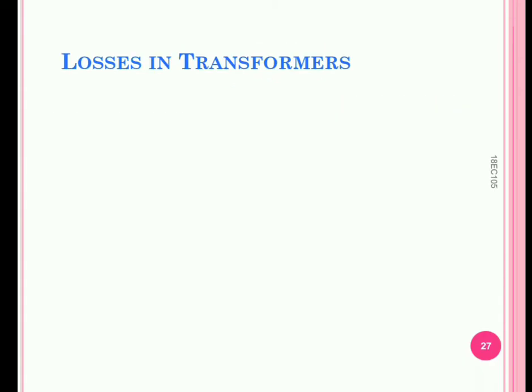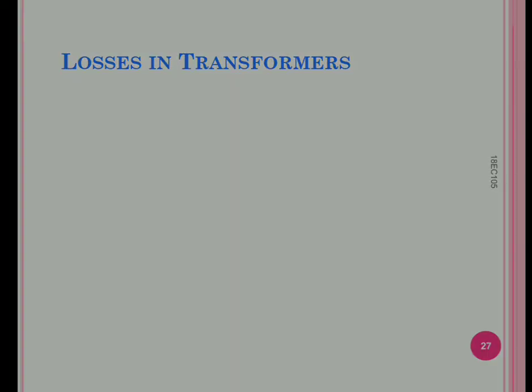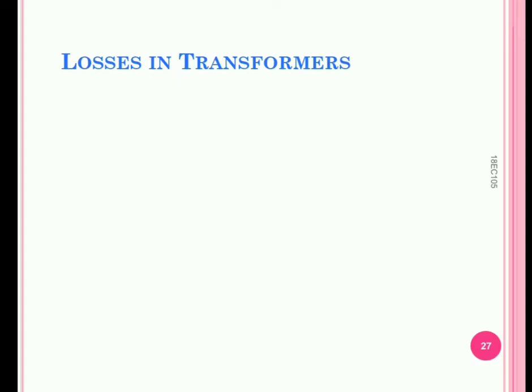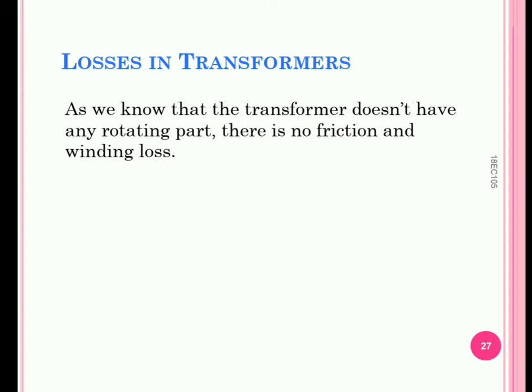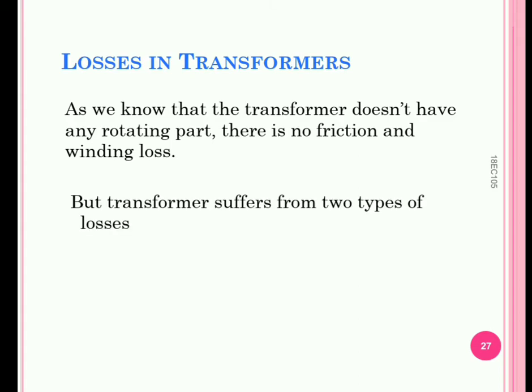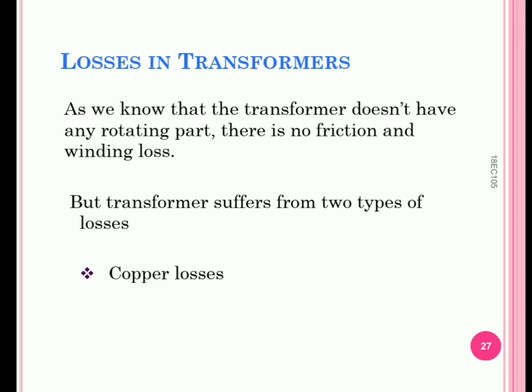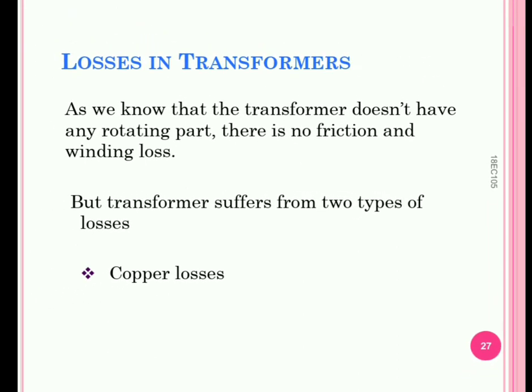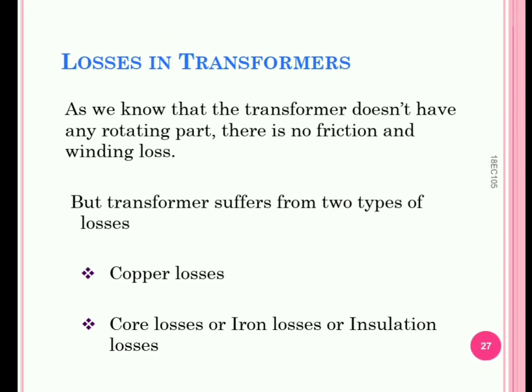Now let us discuss some of the losses that occur in transformers. As we know, the transformer does not have any rotating part, so there is no friction and no binding losses. But then what are the losses? The transformer suffers from two different types of losses, which are listed here. One is copper loss, the other is core losses, also called iron losses.